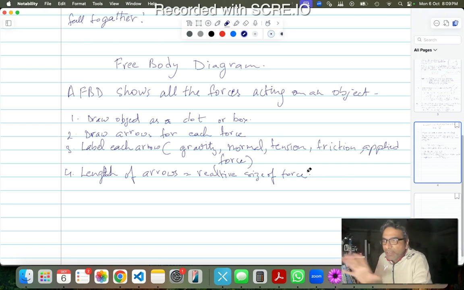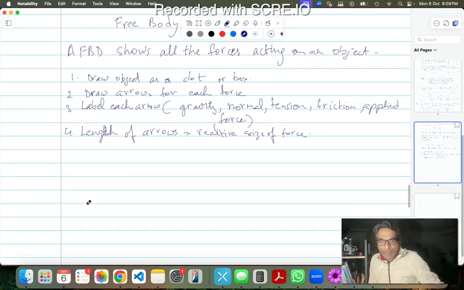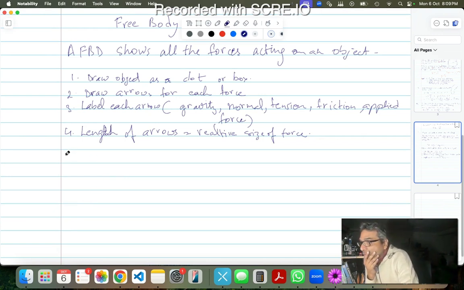You can do that, but it's not essential. It's desirable, it's not essential, right? It's just to make clear which force is more and which force is less, right?